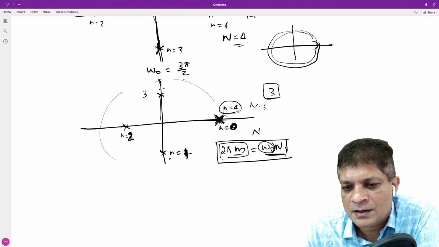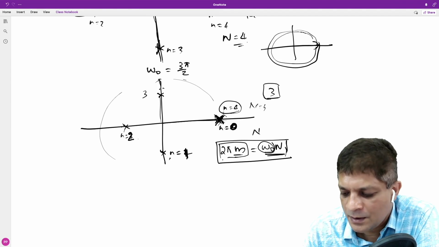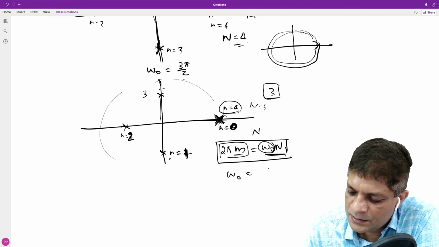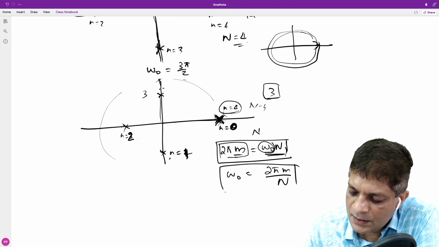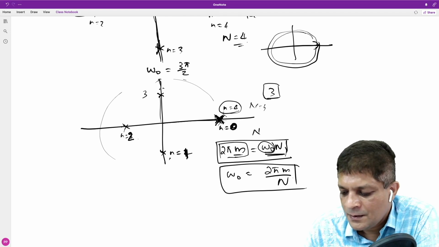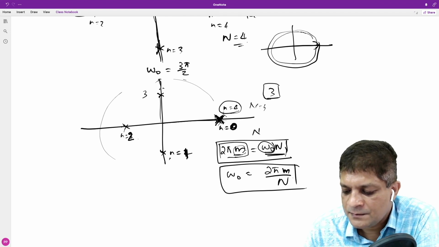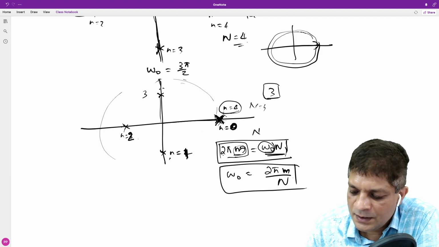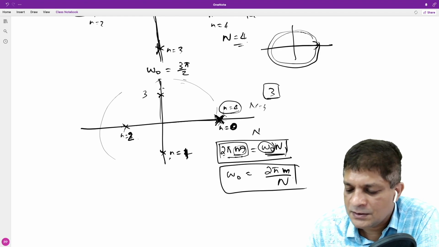Then we can say that the signal is periodic. Here m is an integer. It is an integer multiple because a complete cycle means an integer multiple of 2 pi.